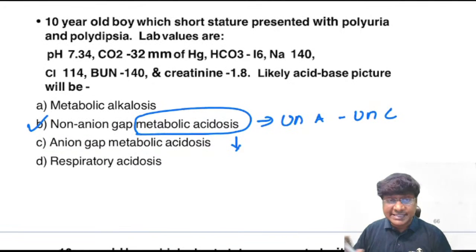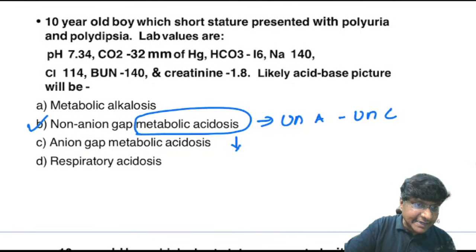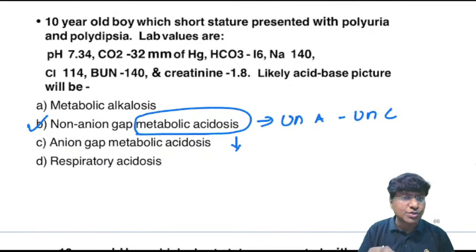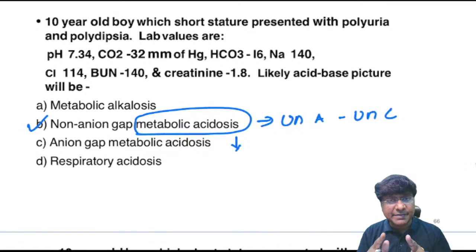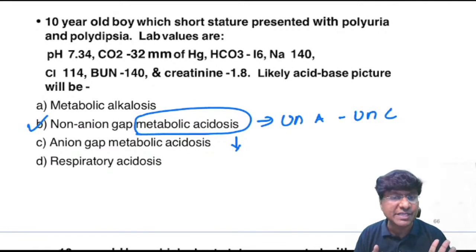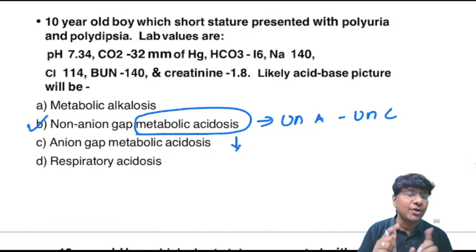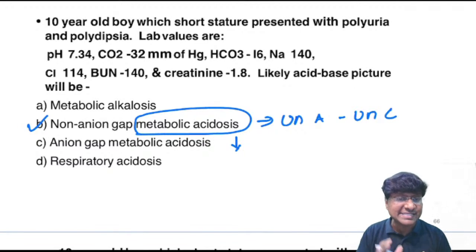That is the concept of your anion gap. Then what is the concept of your delta gap? What is the purpose it is used for? Delta gap is essentially a tool to determine whether or not there is also a normal anion gap metabolic acidosis present.